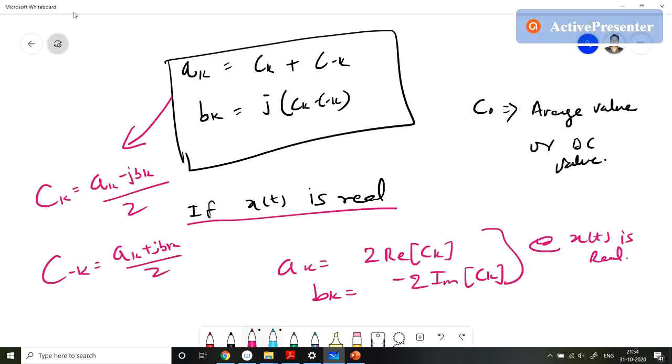Please check this relation also. So ck = (ak minus j bk)/2, and c minus k = (ak plus j bk)/2.